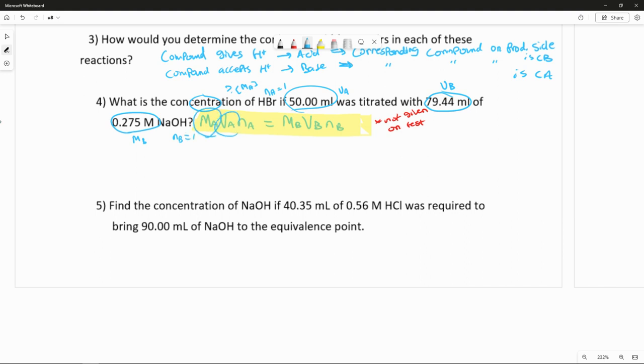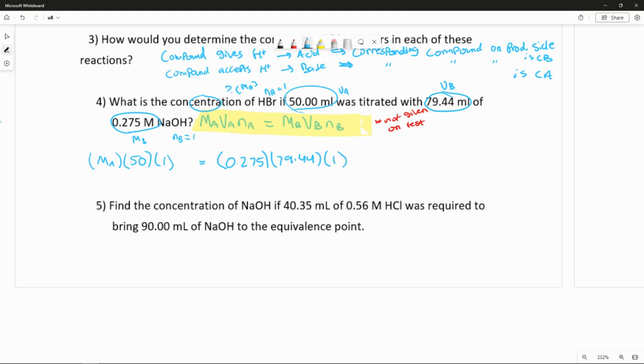We have everything except for the first one, Ma, so all we do is solve. Ma is unknown. Ma times Va, 50 milliliters, times Na, which is 1, equals Mb, which is 0.275, times Vb, 79.44, and Nb, which is 1.